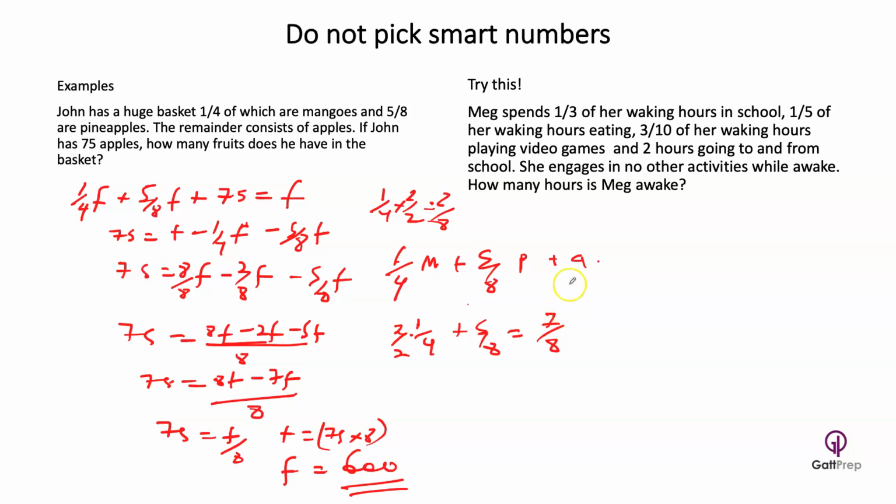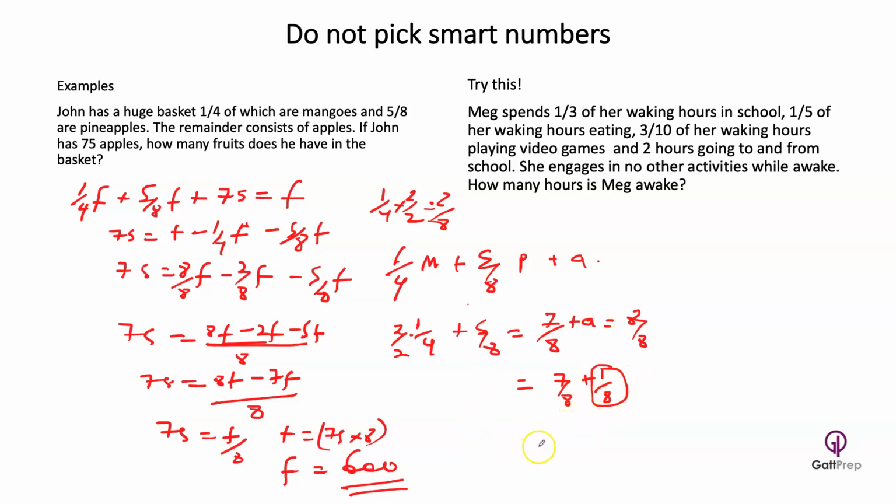Clearly, we have a remainder, and plus apples should give you 8 over 8, which is the whole. So clearly here you have 7 over 8 plus 1 over 8, and this 1 over 8 is apples.